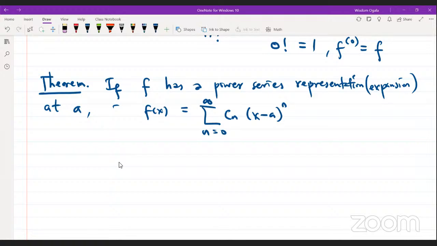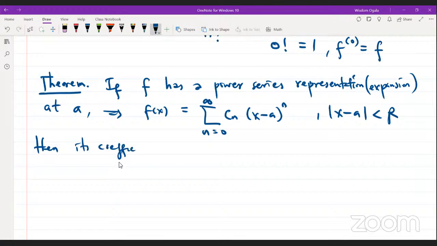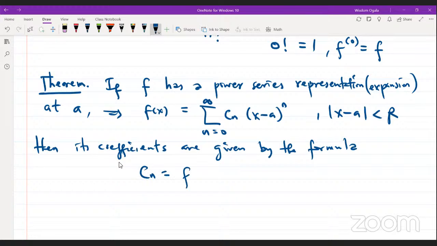Okay, so that's what it means to have a power series representation at a, where |x - a| is less than R. Now, if a function has a power series representation at a, then its coefficients are actually going to be given by the formula Cn equals this guy.